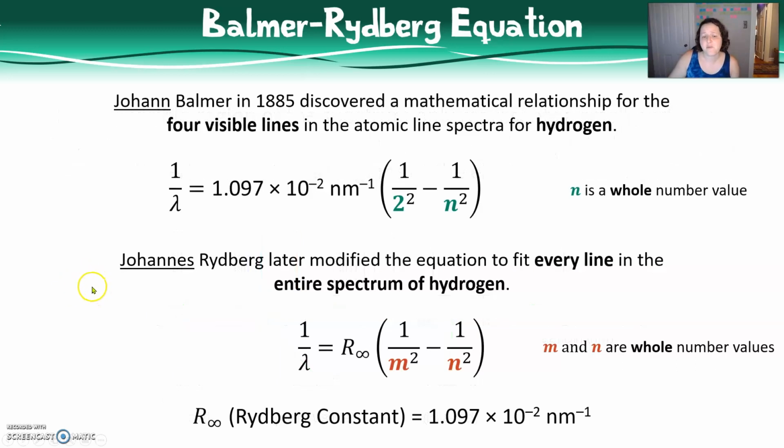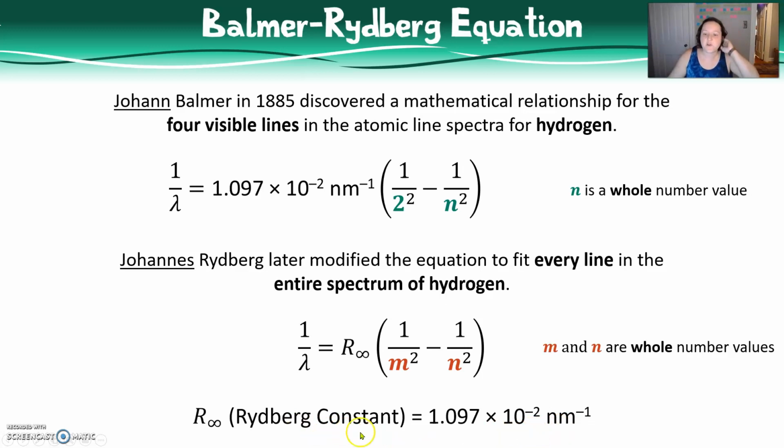So it's not long before Johannes Rydberg comes along and discovers that Balmer's original equation can be modified to fit all of the emission lines in the atomic line spectrum of hydrogen. Note that the values of m and n now both represent whole number values. This final version of the equation is now dubbed the Balmer-Rydberg equation, and the constant value of 1.097 times 10 to the negative 2 inverse nanometers is now dubbed the Rydberg constant.